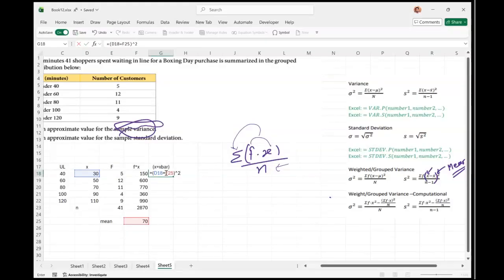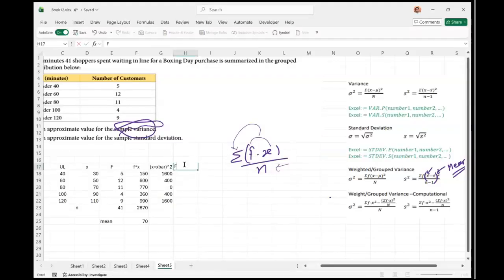Okay, and this is minus here, and I have to take the absolute reference of this cell, F4, and let me put a square here too, to the power of 2. All right, and then if I move it in the downward direction, let me just quickly check. Yeah, absolutely correct.